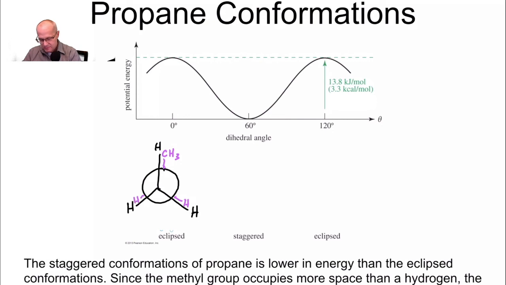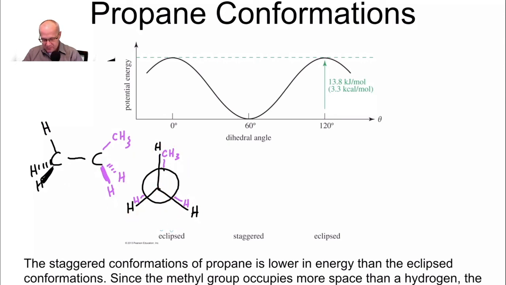That's eclipsed. There you go. There is the eclipsed conformation. So this is what's called the perspective drawing, or side perspective. This is the Newman projection, and these are both eclipsed.